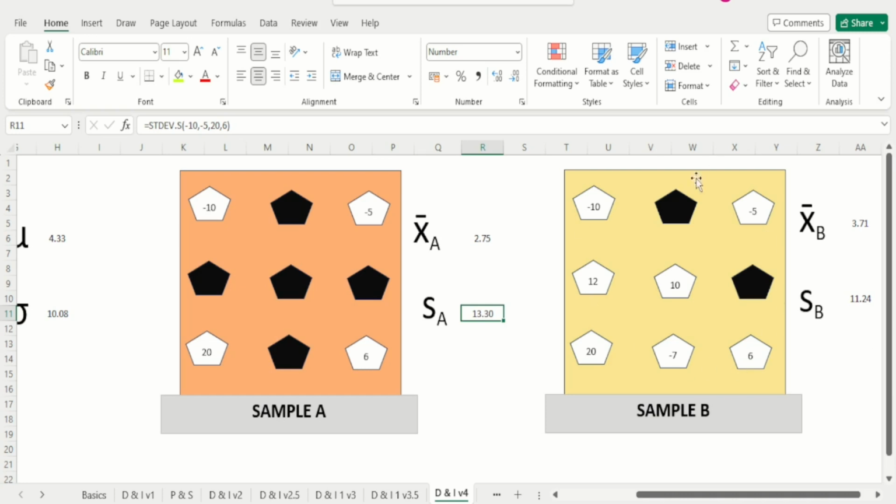But when we did the same exercise with a larger number of data points, a sample size of 7, we got 11.24, which is much closer to 10.08 than 13.30. Okay, so again, a very important observation to keep in mind.